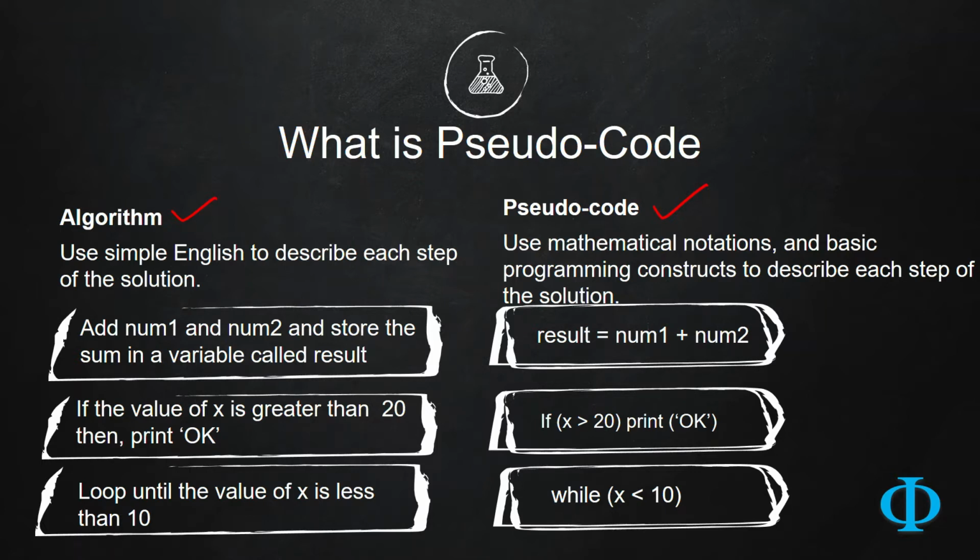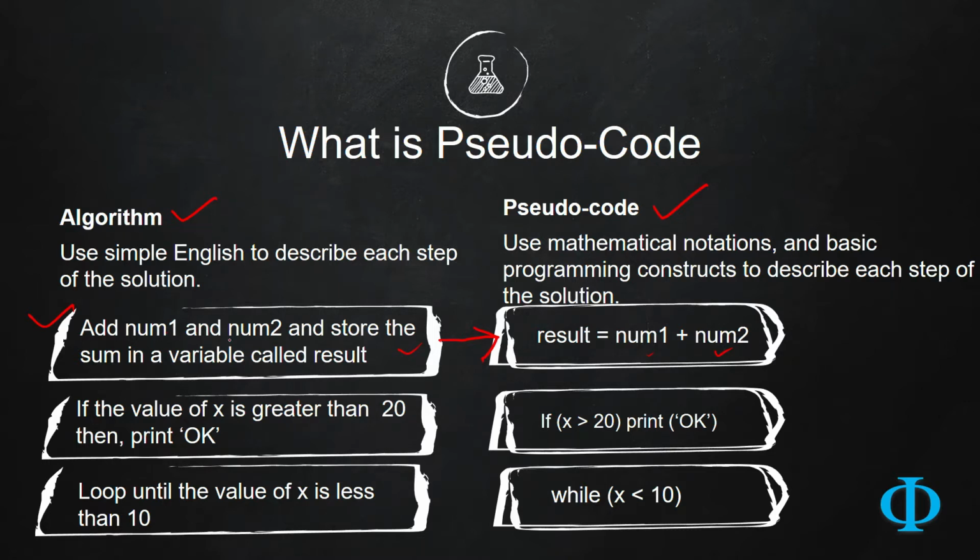Here in this slide, you can see some examples. For example, in normal English, if you say: add num1 and num2 and store the sum in a variable called result. If this is the normal English, and you convert it to pseudocode, it looks simply like this: result equals num1 plus num2.